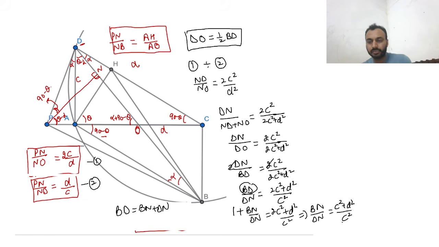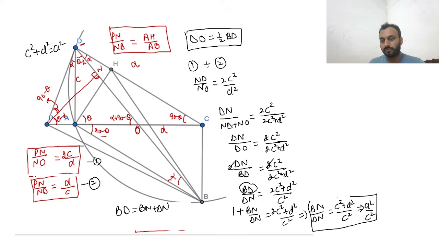And in fact if you see in the triangle, it is a right angle triangle in which c square plus d square is equal to a square, so it becomes a square by c square. So once we get the Bn by dn ratio, let's call it 3.